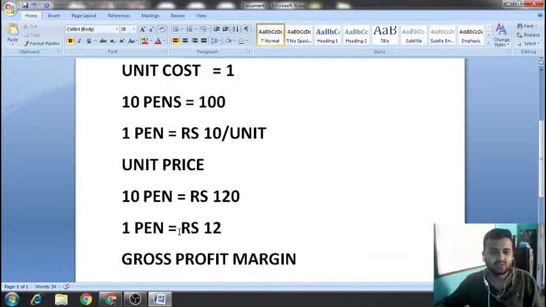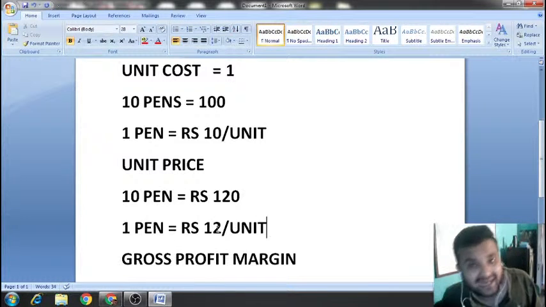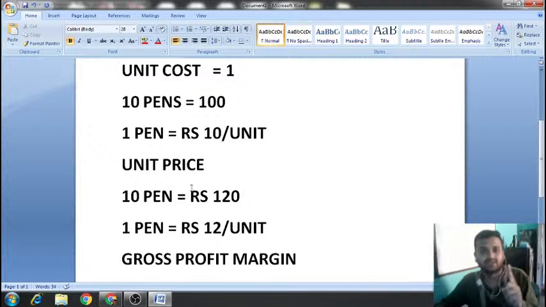So this rupees 12 is actually the unit price, which means the price at which you are selling one unit. Unit cost is the cost of one unit of a product, and unit price is the price at which you are selling one unit of a product.